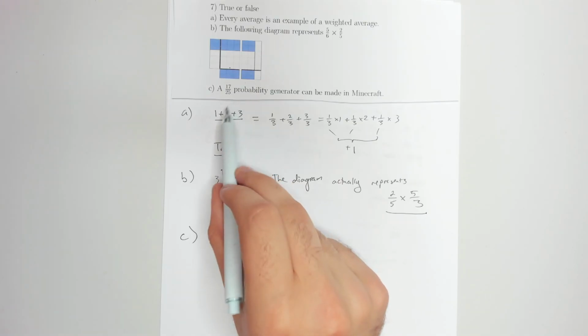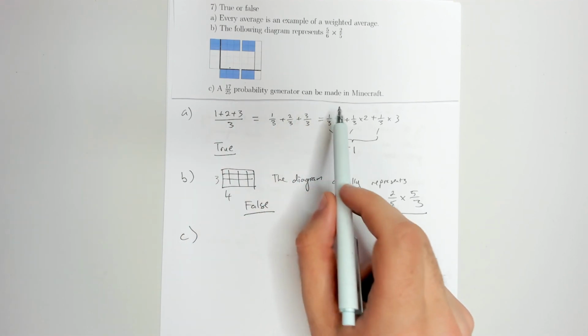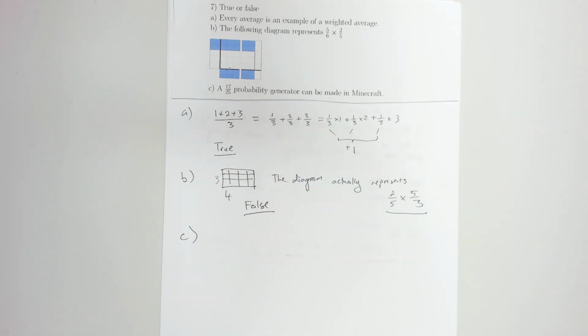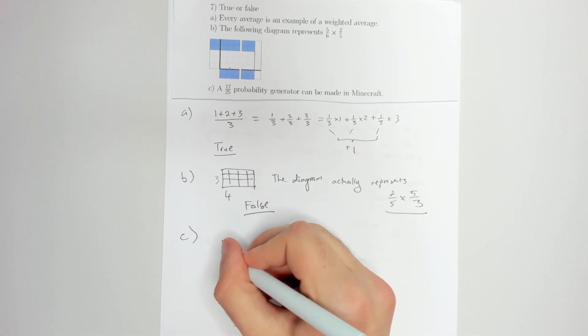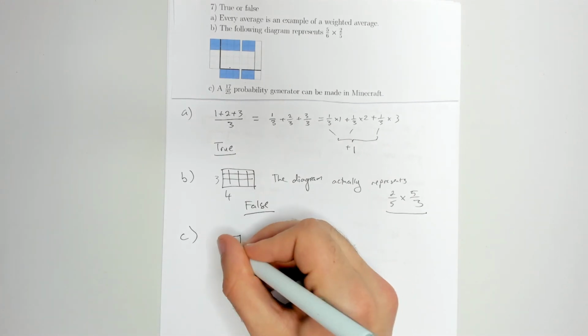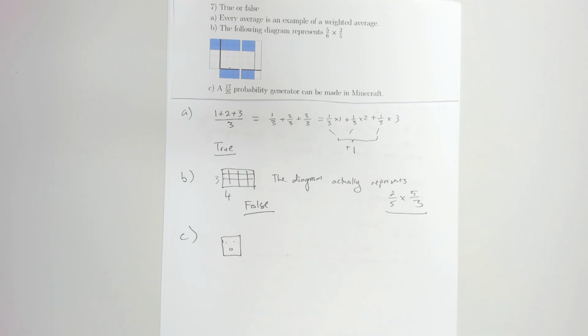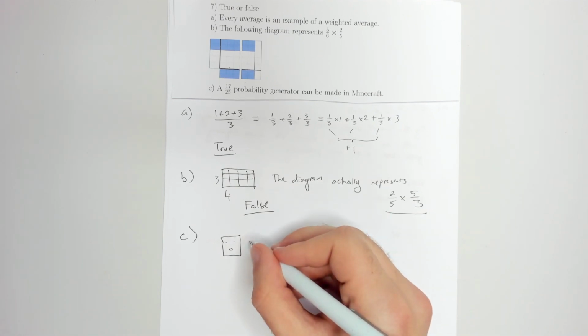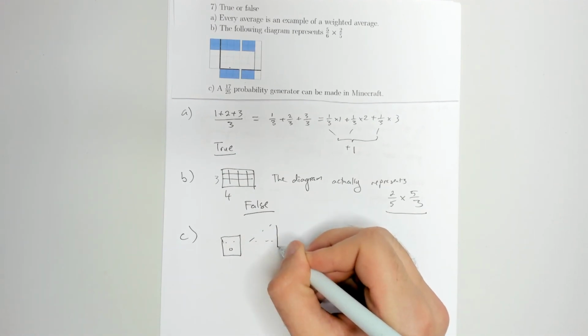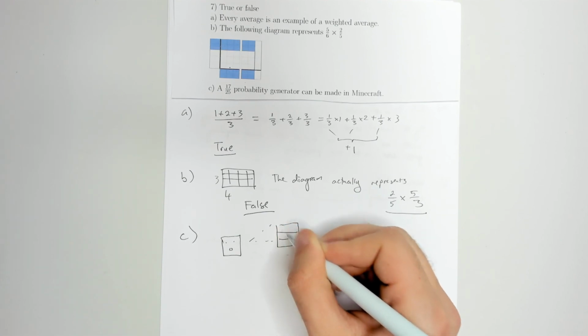Part C says a 17 out of 25 probability generator can be made in Minecraft. So the way we made probability generators in Minecraft is we essentially took a dispenser, which was like a little face guy, and it will shoot out an item at random from its inventory. And in its inventory, there are 9 available slots.